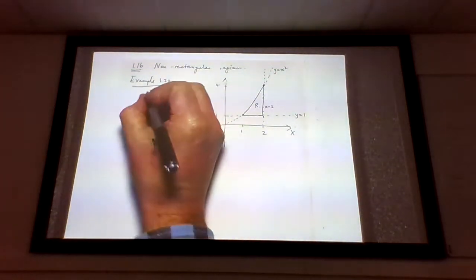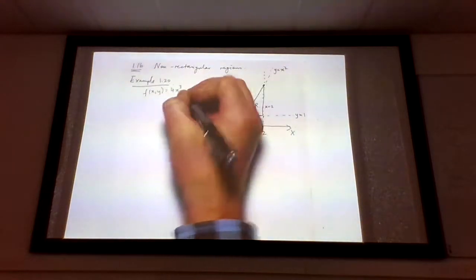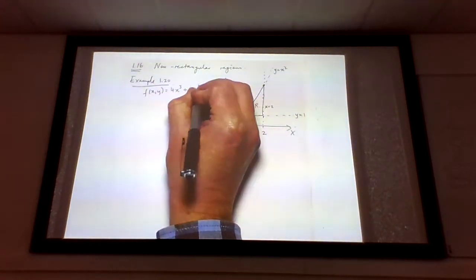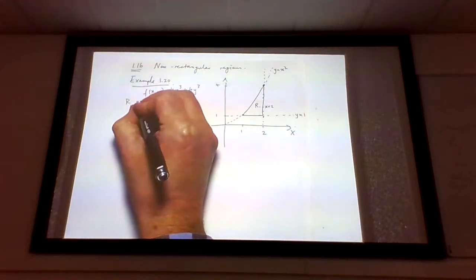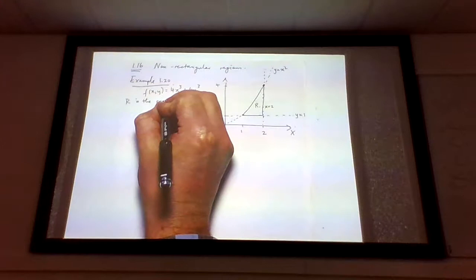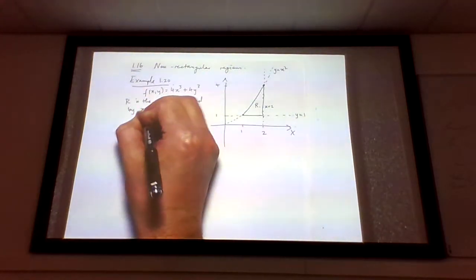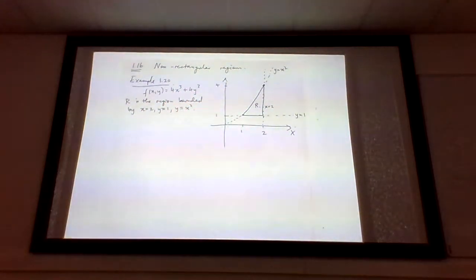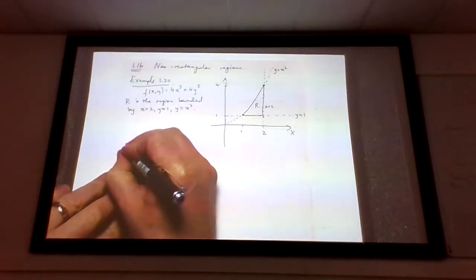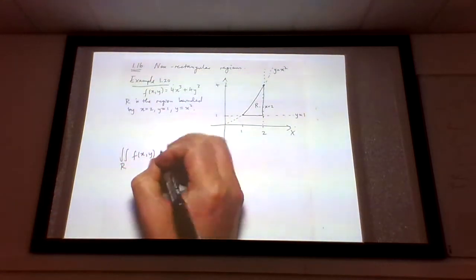So we've got the function f of xy, which when we need it is 4x cubed plus 4y cubed. And the region R is the region bounded by these three curves, x equals 2, y equals 1, and y equals x squared. So the task is to do the double integral over R of f of xy dx dy.